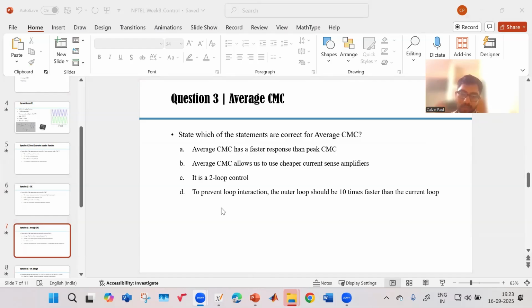Okay. What about the remaining B and D? B and D are correct. Okay. What about others?